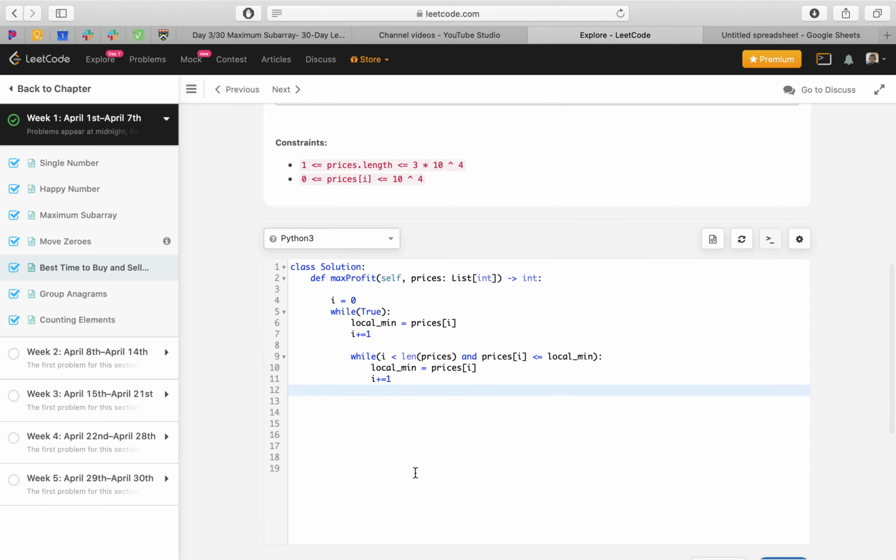And then same thing for the local max. It's basically a similar loop, but we want to make sure about the edge case. So if i is less than the length of the prices, then we want to have a similar while loop.